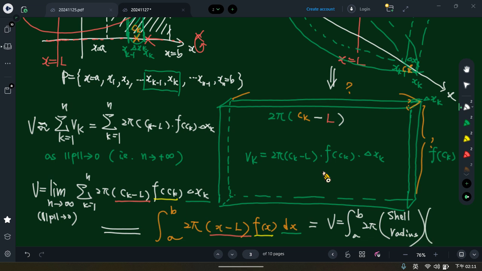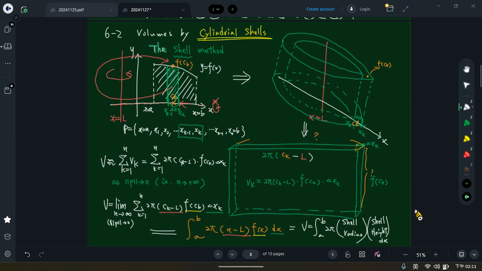Then shell height, then dx. Okay, so finally, what you need to memorize is this part. Okay, so let's just take a break and then come back to the classroom later.